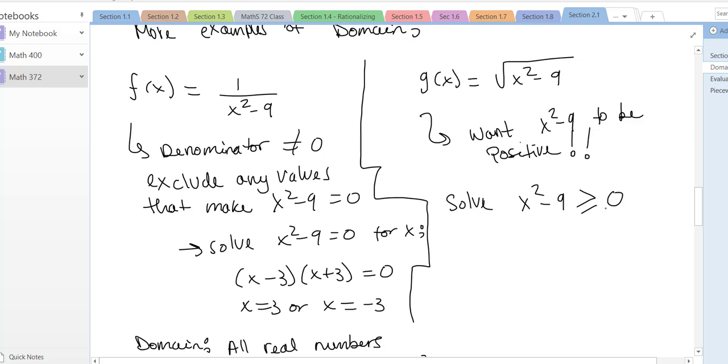So I already have 0 on one side, so now we're going to factor completely, which we already did in this other example. So this factors into x minus 3 times x plus 3. The zeros are x equals 3 and negative 3, so I'm going to put them on a number line.